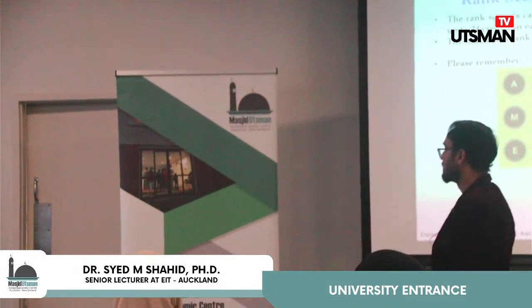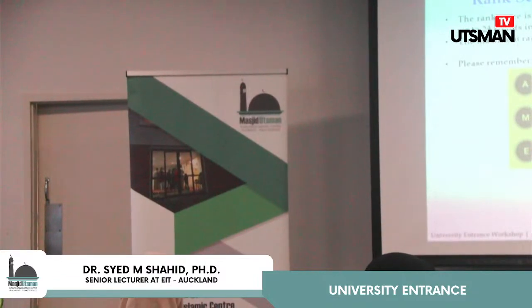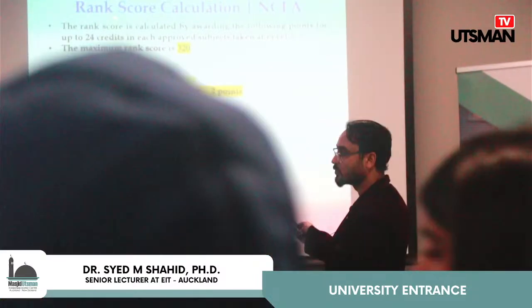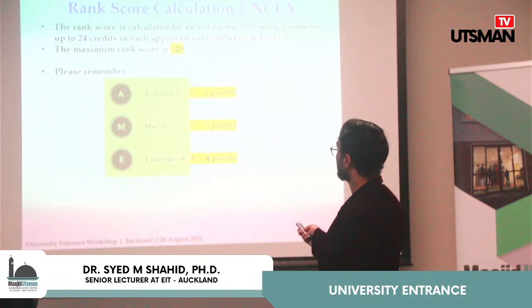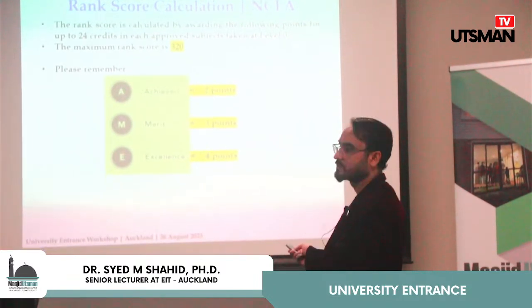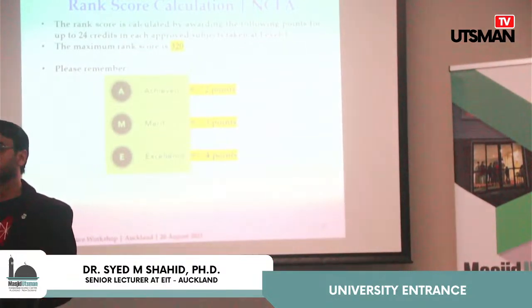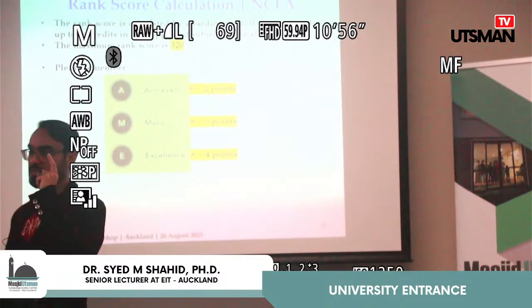points come from excellence. Following this, up to 20 credits in each approved subject taken at level 3, they will see the score. The maximum score is 20 per subject. Calculate, obviously very hard, in 3 subjects up to 24 credits.